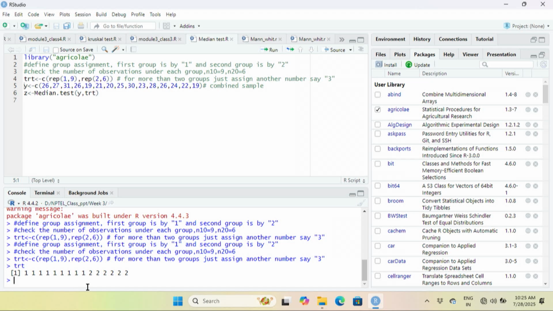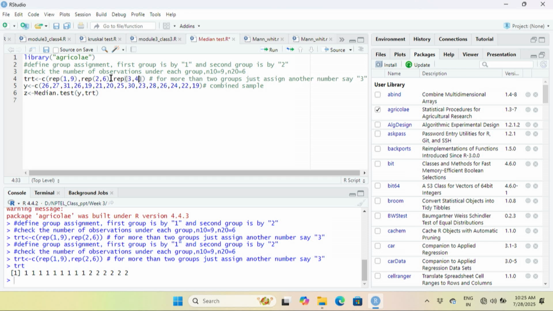See how the observations are assigned by the number of the group. There are 2 groups. In case you have another group, a third group having 4 observations, then you will have to write 3 and 4. But for this problem, we have only 2 groups.